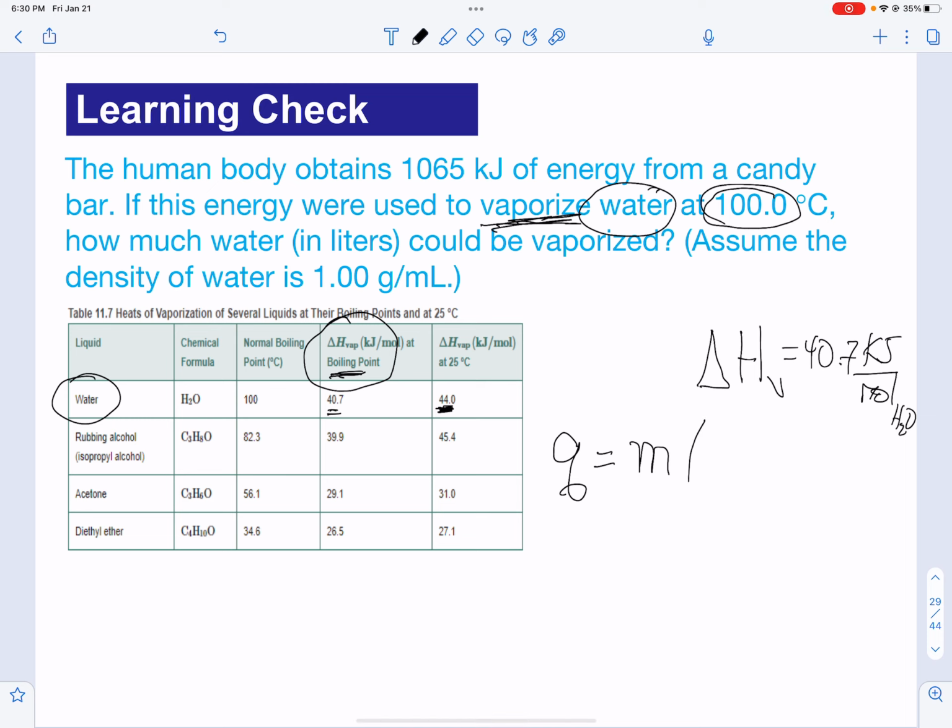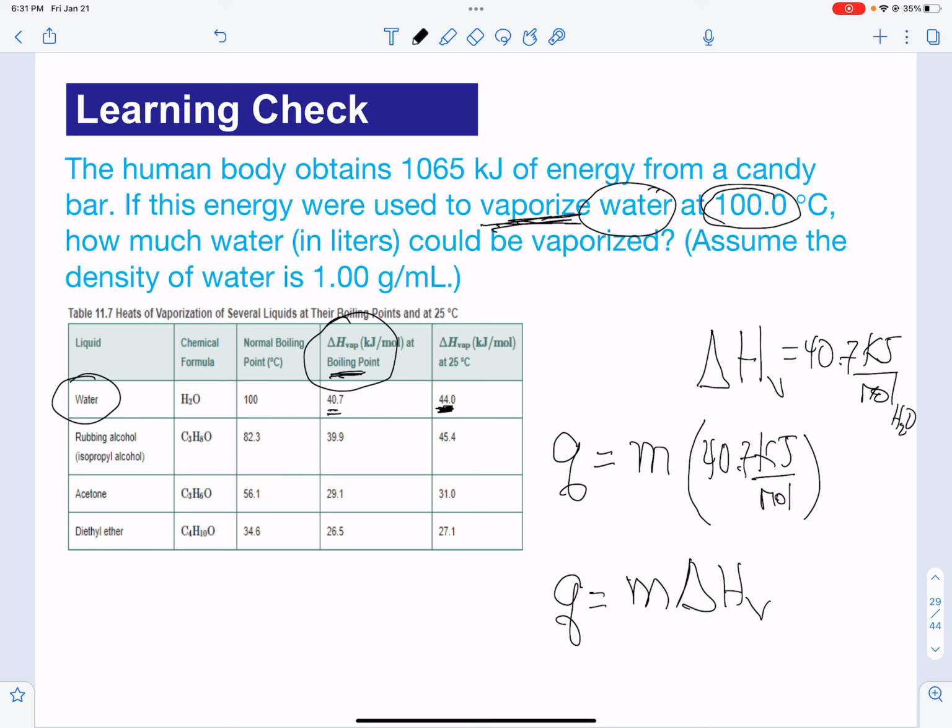In this case we're using 40.7 kilojoules per mole, because the formula is heat equals amount of substance times the delta H of vaporization. What it's asking us is how much water, so it's asking us to find the amount.